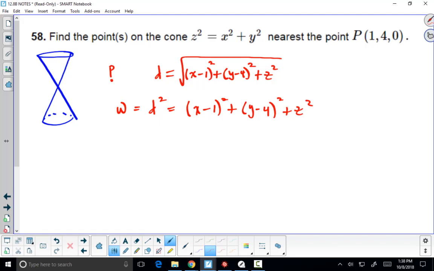Do you agree that the point that minimizes the distance would be the point that minimizes the distance squared? So if you have 2 points, you can calculate the distance between them, and you can calculate the distance squared between them. And the distance squared function will have the same critical points as the function d.